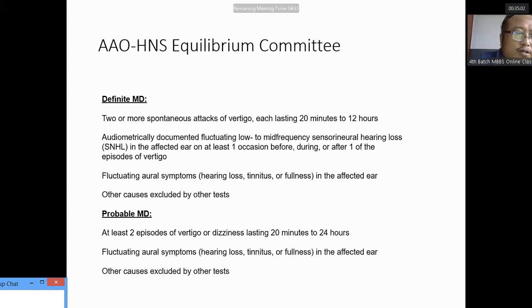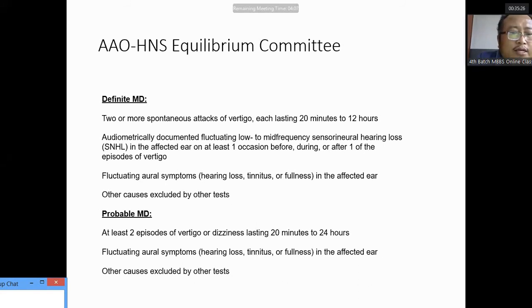And audiometry should be documented, showing a fluctuating low to mid frequency sensorineural hearing loss in the affected ear on at least one occasion before, during, or after one of the episodes of vertigo. Means an audiogram is a must.